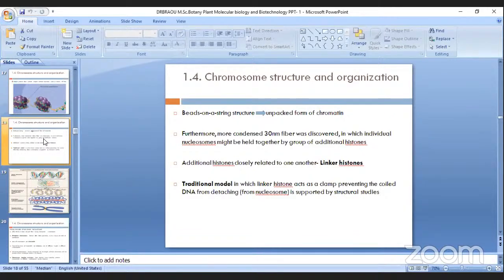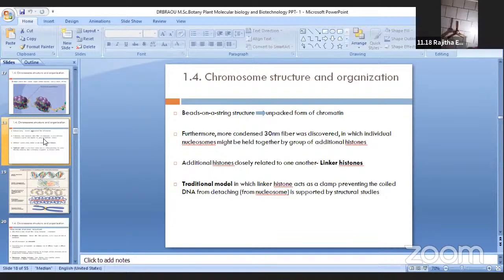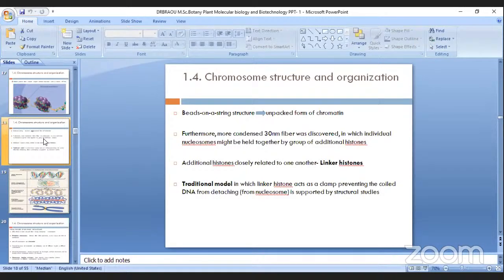These additional histones are called linker histones. And the structural studies supported the traditional model.